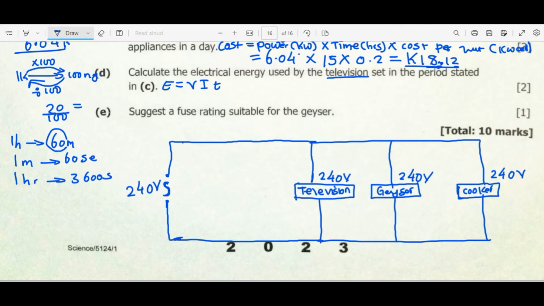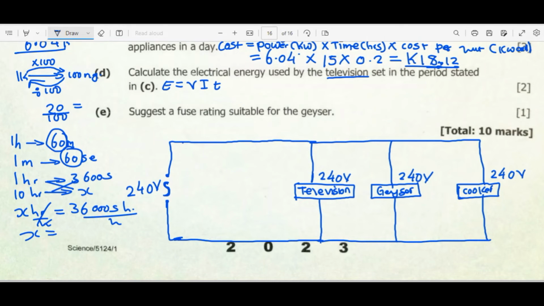So you just multiply this number by this number. So 10 hours is equal to x. You cross multiply, which gives x equals 36,000 seconds. So if I cancel the hours, then I have 36,000.